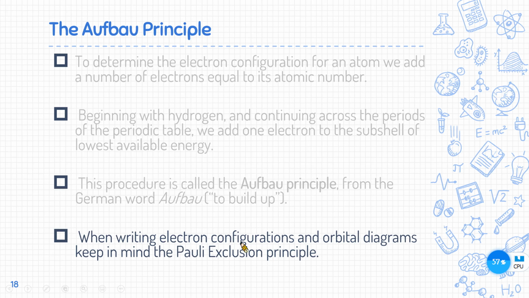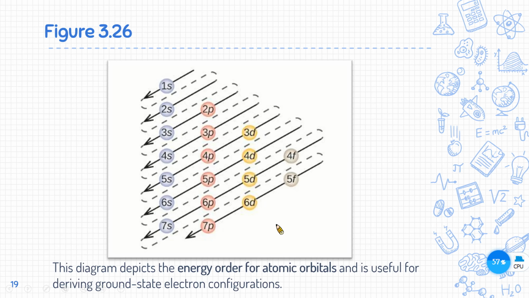When writing electron configurations and orbital diagrams, keep in mind the Pauli exclusion principle. This diagram here depicts the energy order for atomic orbitals and is used for deriving ground state electron configurations.